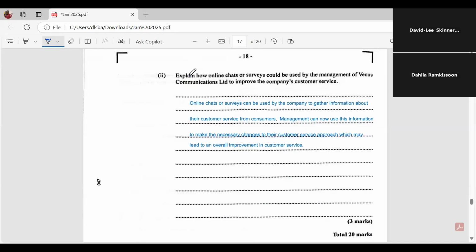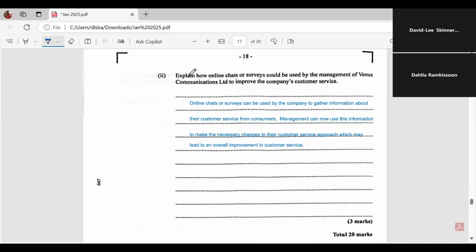Right? So you could use online chats to gather information from customers. You could use surveys to gather information from customers. Management could use that information to find out what customers like and what customers dislike, and then make decisions to repair that relationship with customers and improve the customer service.